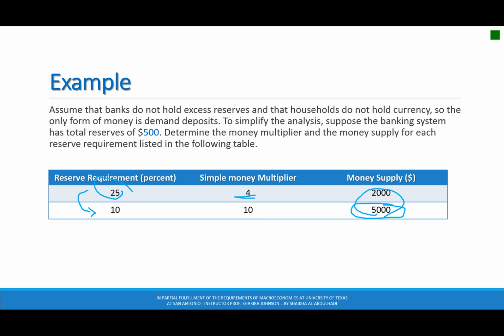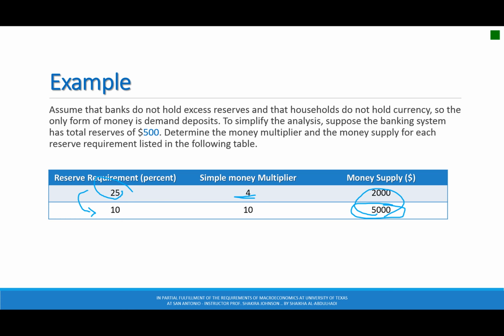At a lower reserve requirement, the banking system with $500 in reserves supports 10 multiplied by $500, which equals $5,000 in demand deposits. Here, as you see.